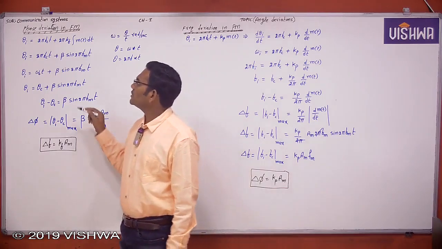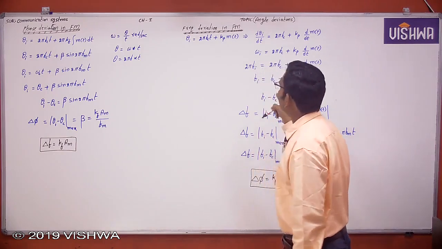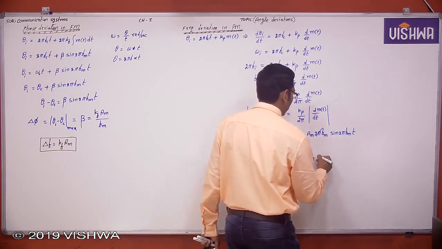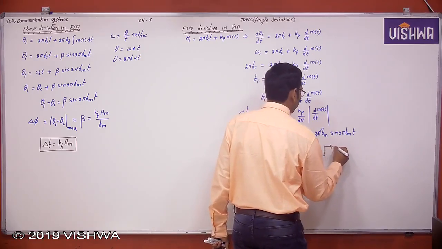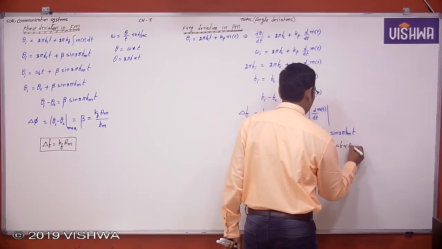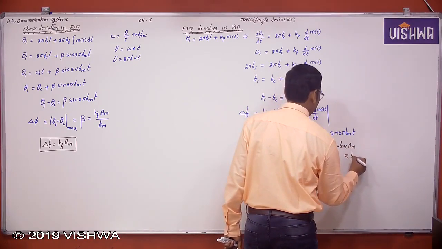Clear now? This is the phase deviation in frequency modulation and the frequency deviation in phase modulation. The frequency deviation depends upon the amplitude and the frequency of the message signal.